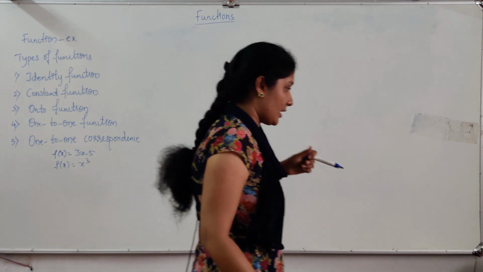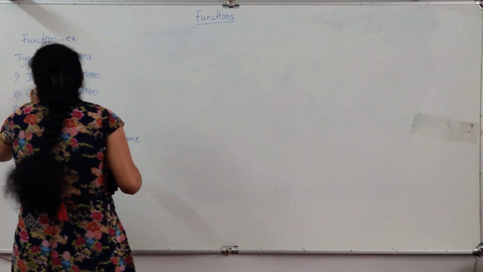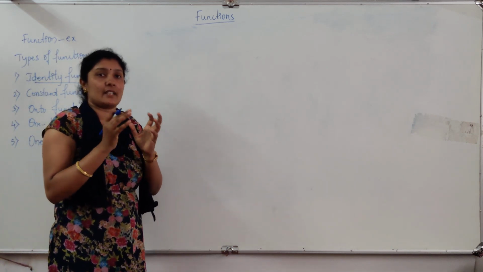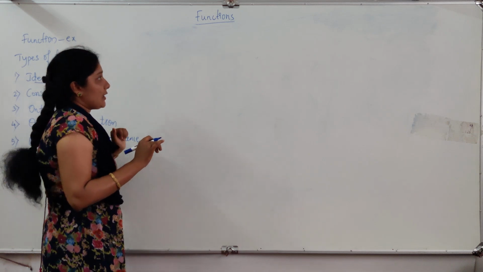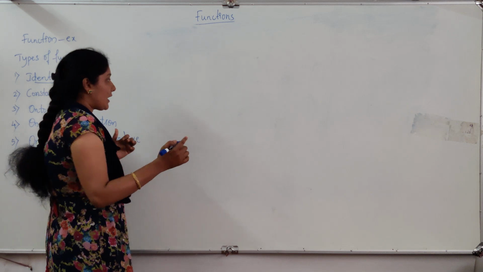So type 1 of function is the identity function. Identity function means what? As the name indicates, as I told you, there is image and there is pre-image.